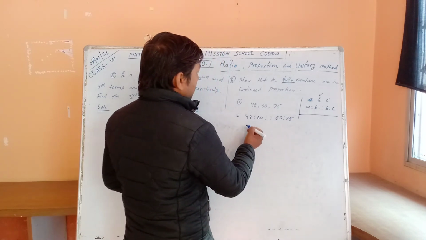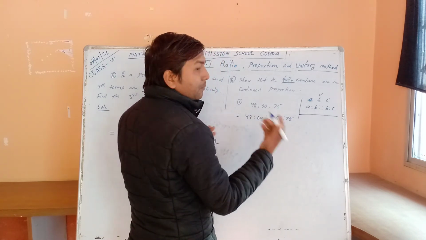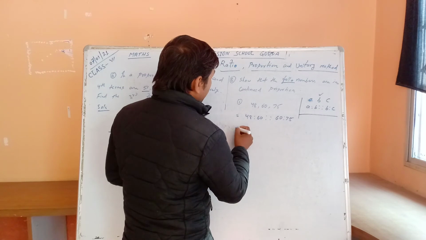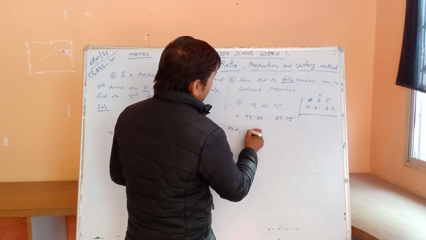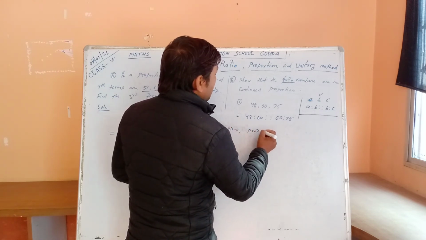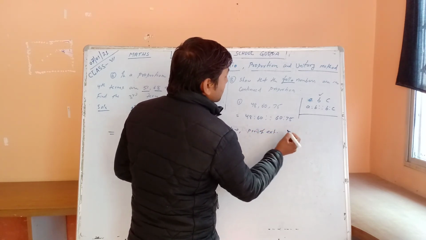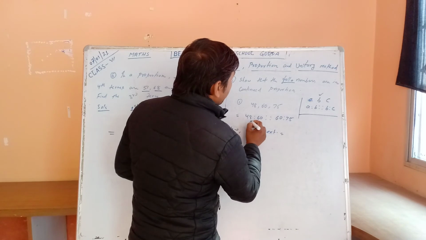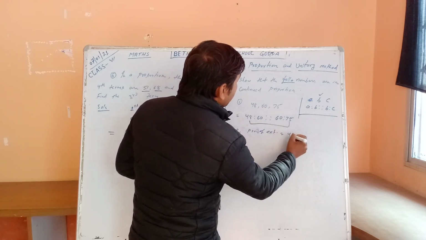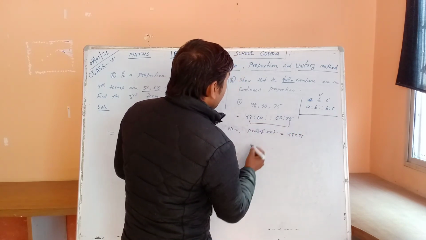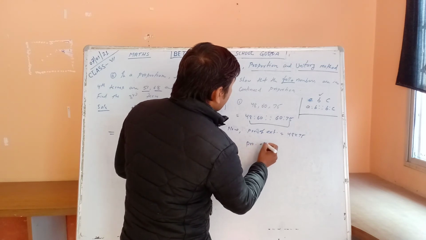Okay, so now find the product of means and the product of extremes. Product of extremes, these two terms, 48 into 75, and again find product of means.